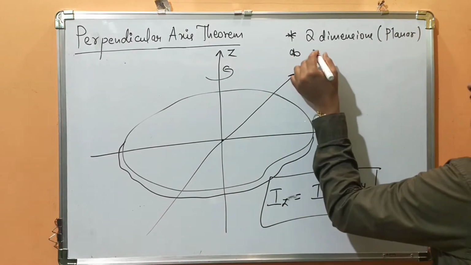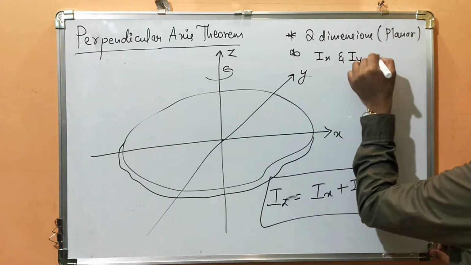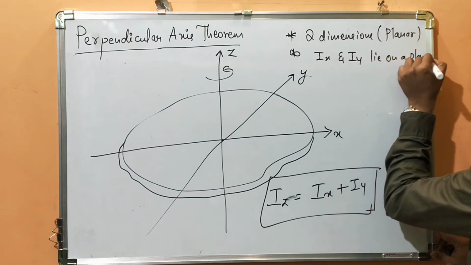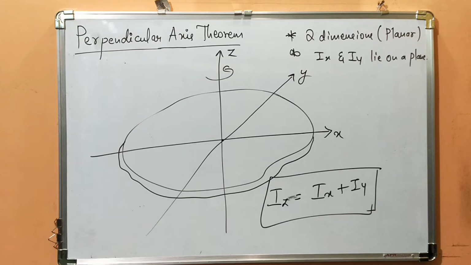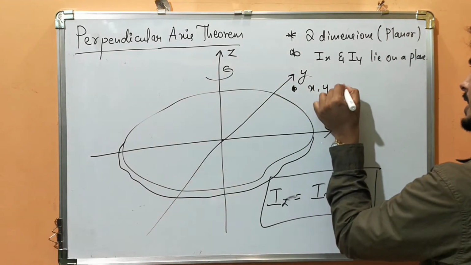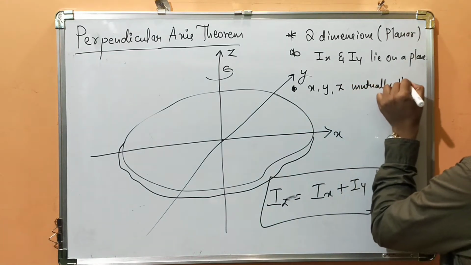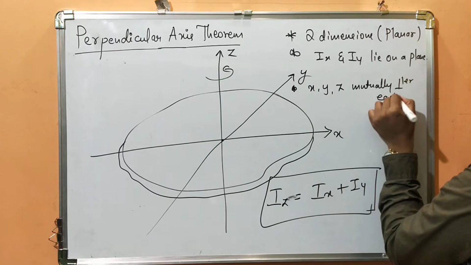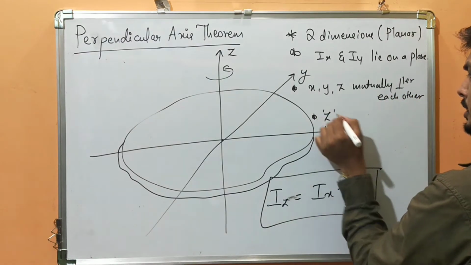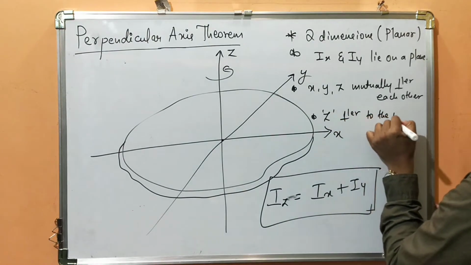One more thing, the axes Ix and Iy must lie on a plane. The next condition, x, y and z must be mutually perpendicular to each other. And one more, z should be perpendicular to the plane.